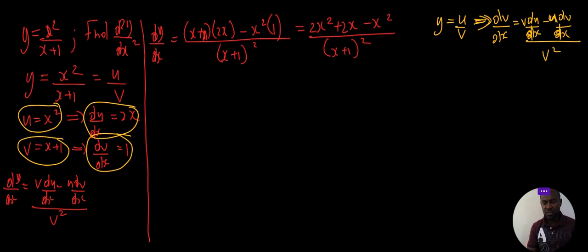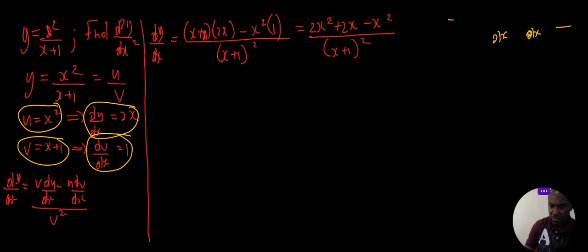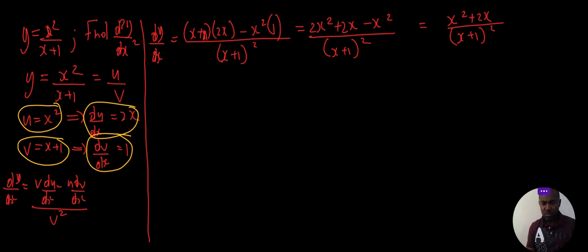At this stage we don't need to expand the brackets in the denominator, we could leave it as it is, and proceed to simplifying the numerator. So 2x squared minus x squared is x squared. So this is x squared plus 2x divided by x plus 1 all squared. So that is dy by dx.